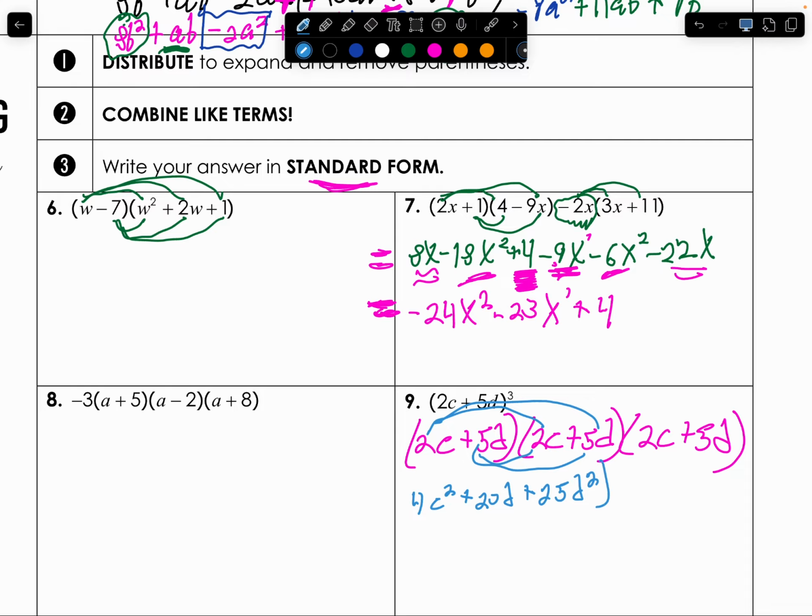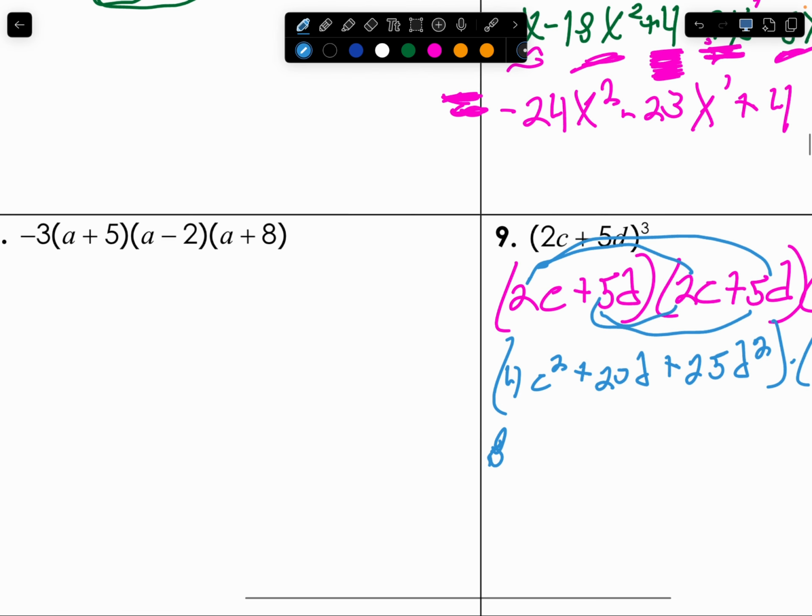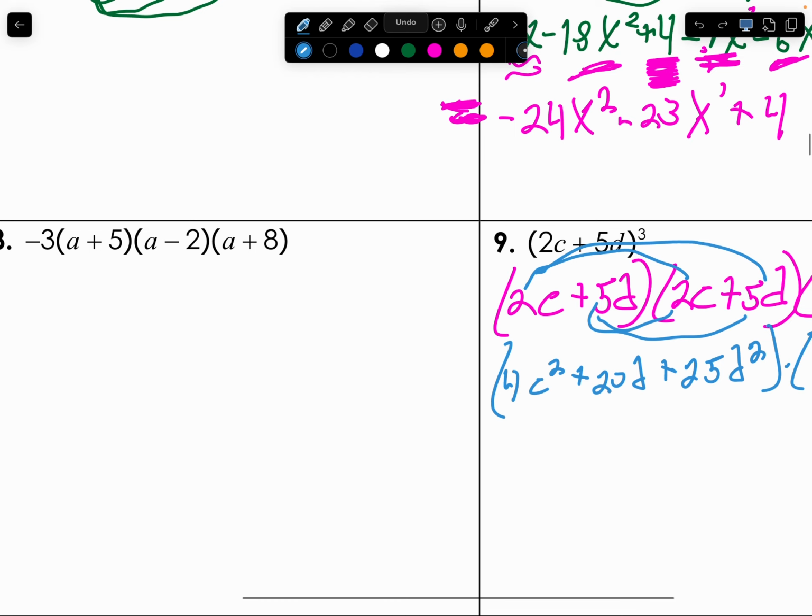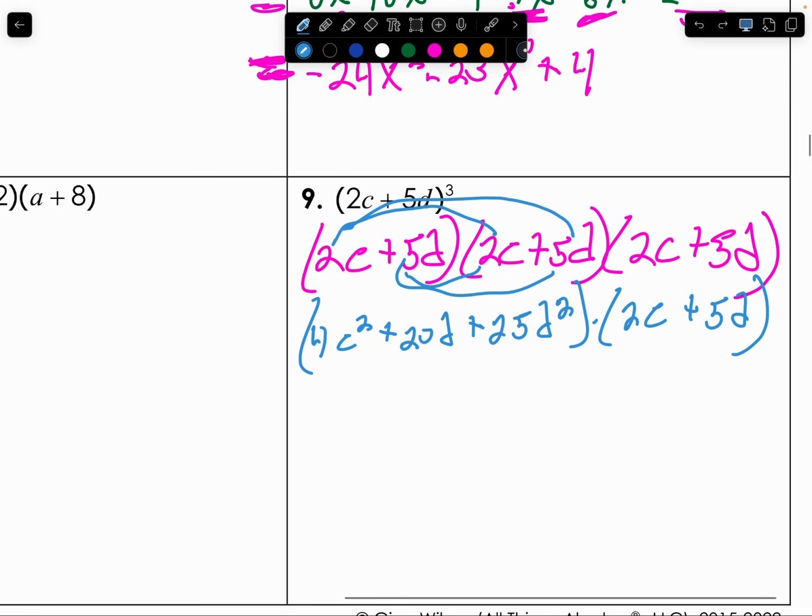And then those three things get multiplied together with 2c plus 5d. So I've got 8c cubed plus 4 times 5 is 20c squared d.